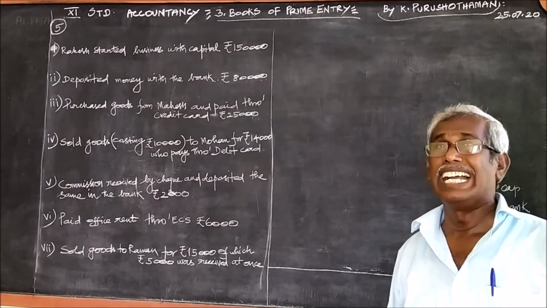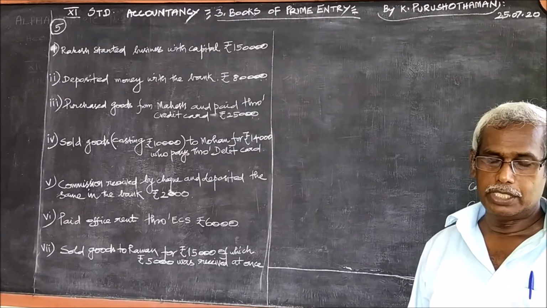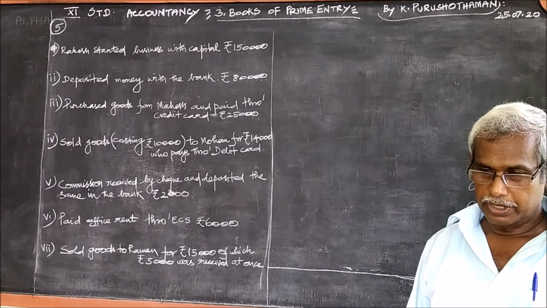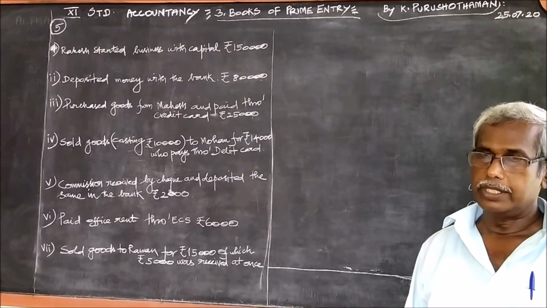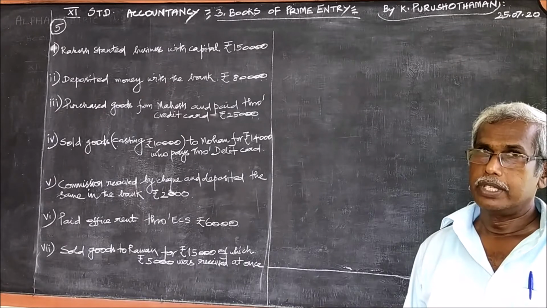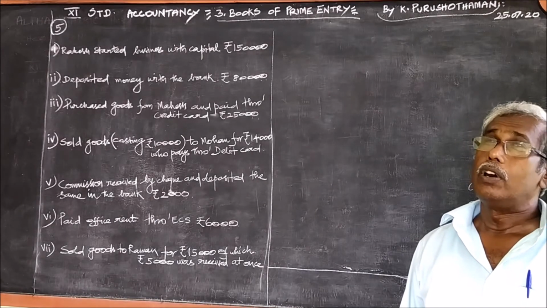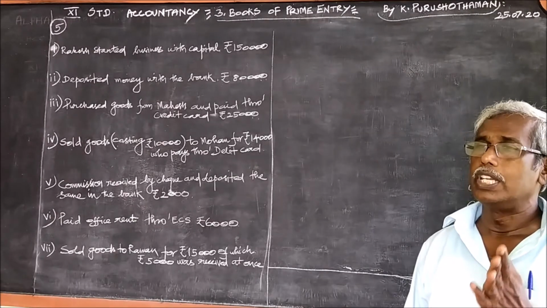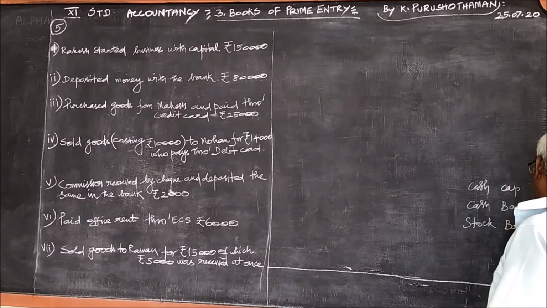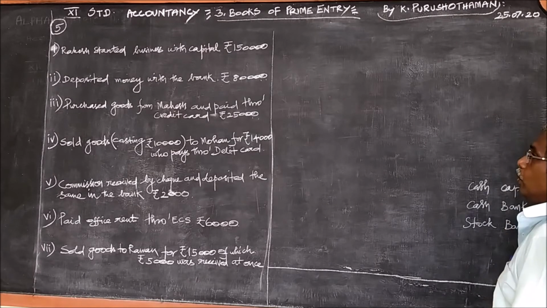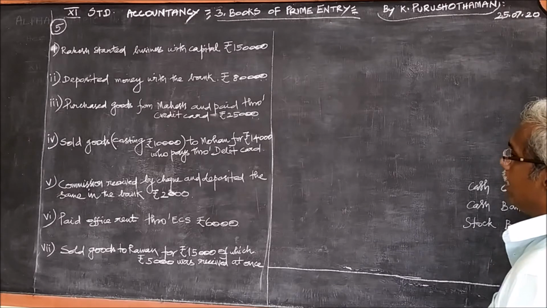Whatever the bank mode, whether it is paid through deposit machine, credit card, debit card, NEFT or RTGS, it is all going from the bank only. Therefore, the other item is bank.